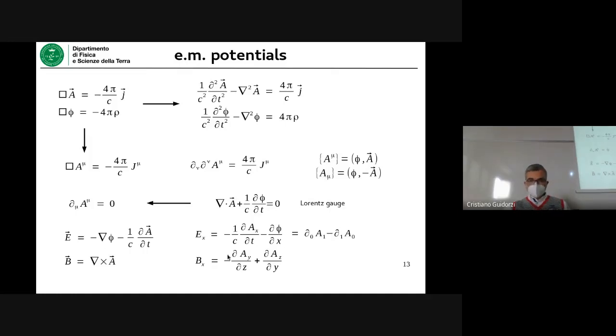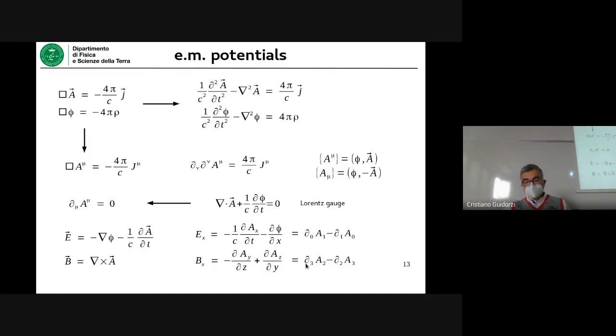You see, you have minus Ay. Minus Ay is A2. And the partial derivative with respect to z is just delta 3. So delta 3 A2. I call it delta, but that should be a partial derivative, it's just a short way to say.